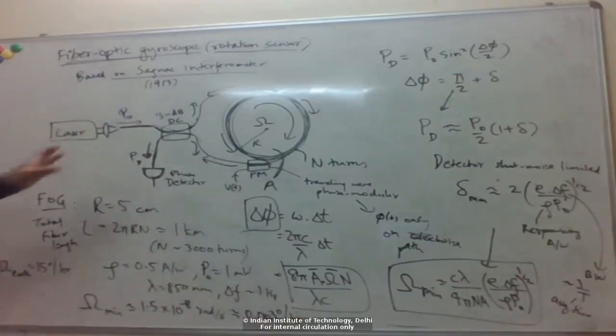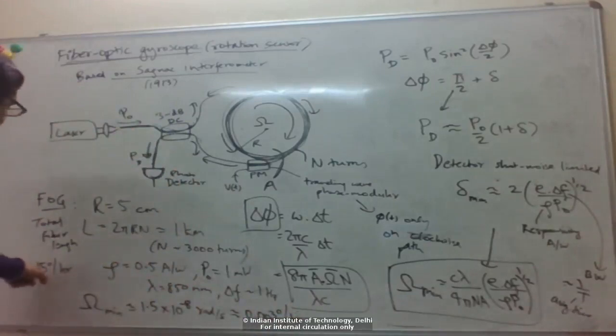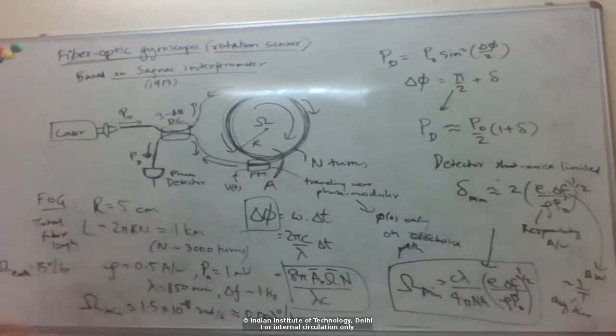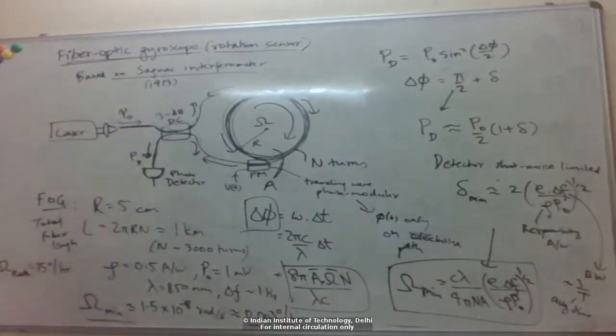So you can see that these gyroscopes can be sensitive to rotations which are about 4 orders of magnitude lower than the Earth's rotation rate. They can be really sensitive to small changes in direction.